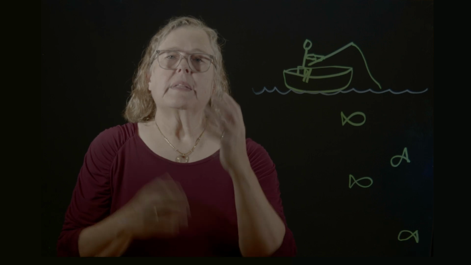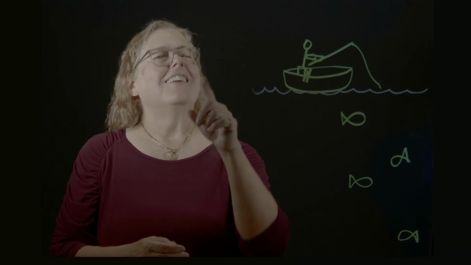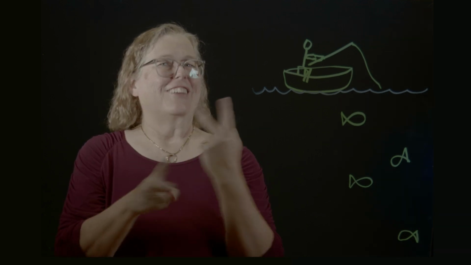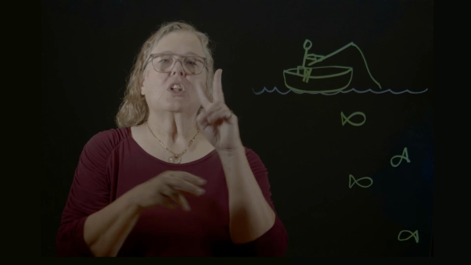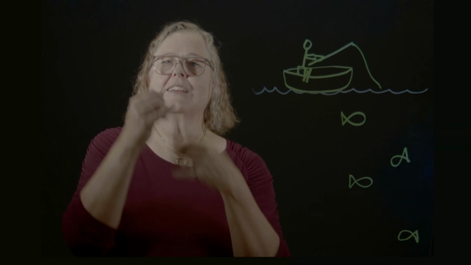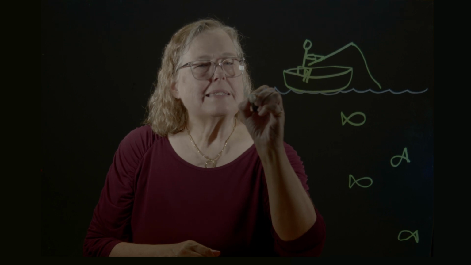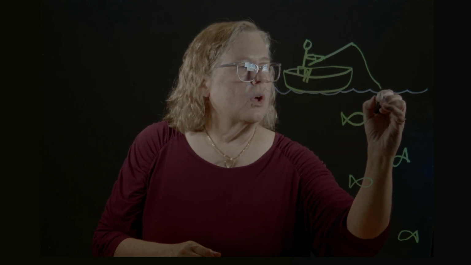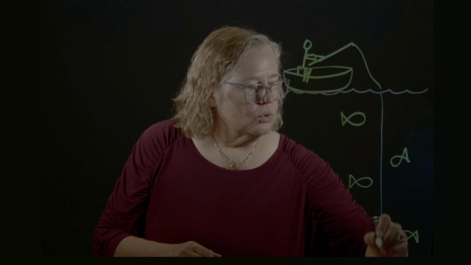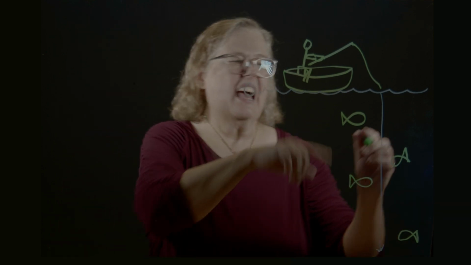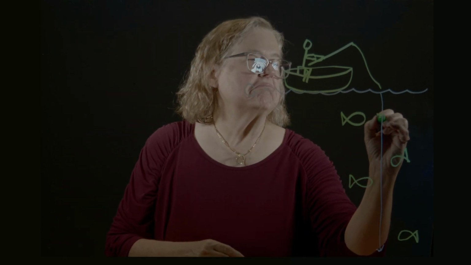So the water line, we're going to call it 0, right? Oh, you're figuring this out, right? You know what I'm about to do. You know I'm going to make a vertical number line. Good job. So this is 0. The water line's going to be 0. This fish here, we're going to say they're at -1.